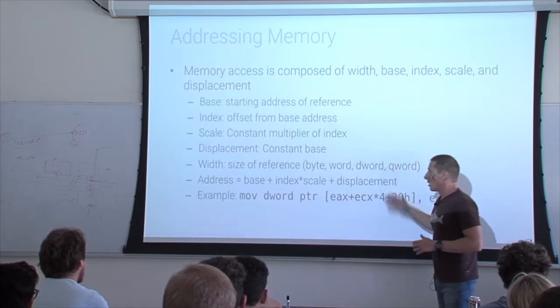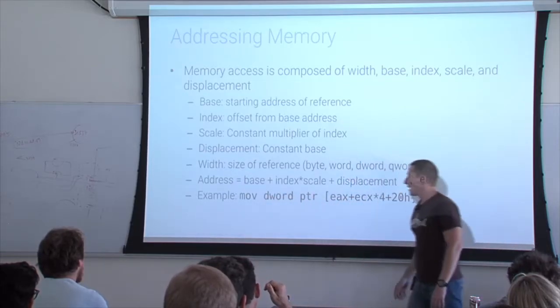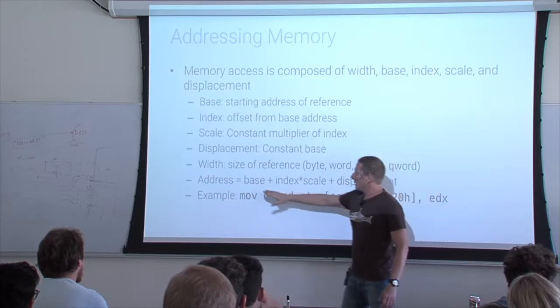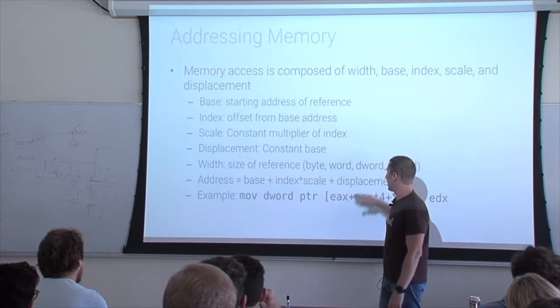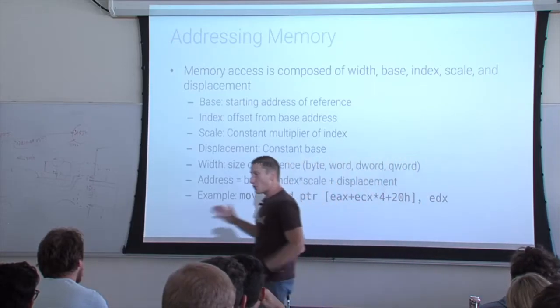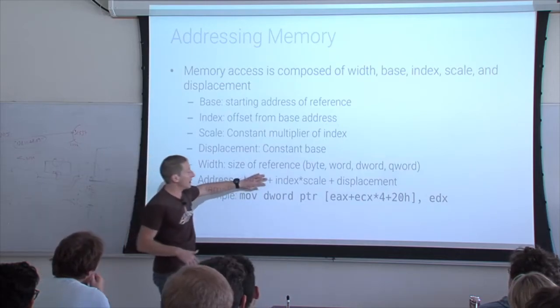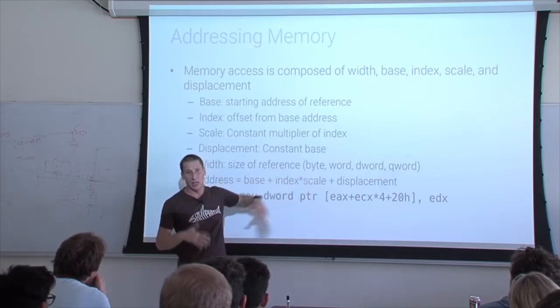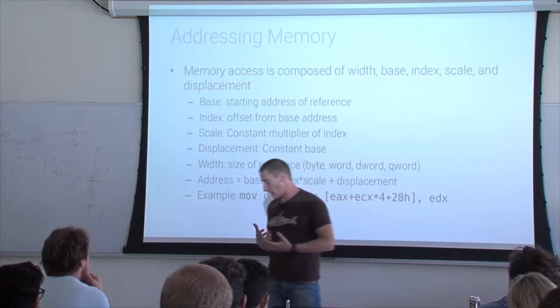So you want to know what kind of pointer, for example, you're talking about. And the address is fundamentally the base plus index multiplied by the scale plus a displacement. And you can use a composition of all of them. You can have just the base, you can have only index and scale. You can have a lot of flexibility on how to specify these addresses.